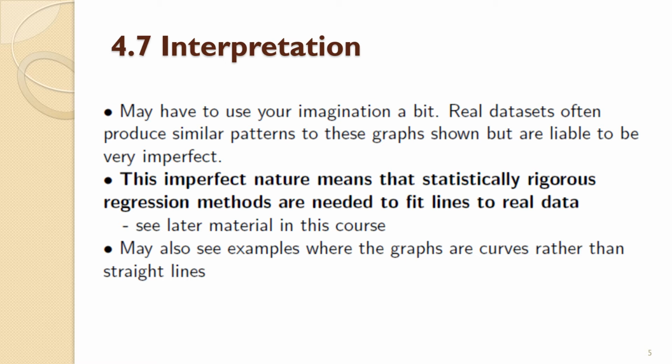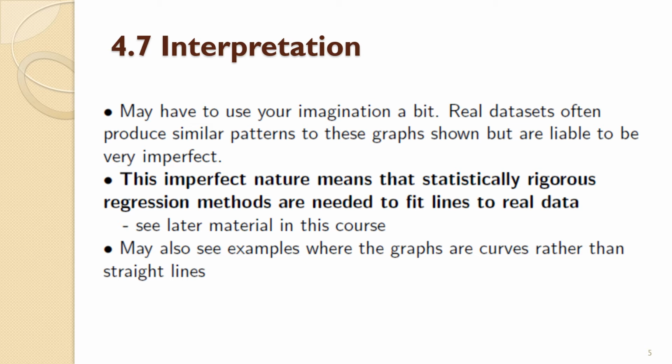So there is a disclaimer. We'll see some examples of this later on in the course. You may have to use your imagination a bit. Real data sets often produce roughly similar patterns to these graphs, but are liable to be very imperfect. In contrast, what we've just shown you are the perfect cartoon graphs that you've seen before in high school maths.